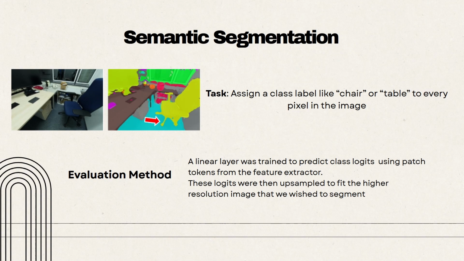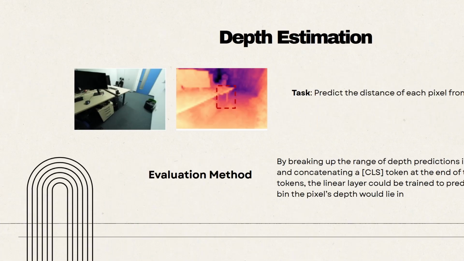So for evaluation, the fine-tuned features were assessed on two primary 2D computer vision tasks. One, semantic segmentation. This task involved the classification of each pixel within an image into a predefined semantic category such as chair, table, or wall. The evaluation method: a linear layer was trained to predict class logits using patch tokens from the feature extractor. These logits were then upsampled to fit the higher resolution image that we wish to segment. Two, depth estimation.